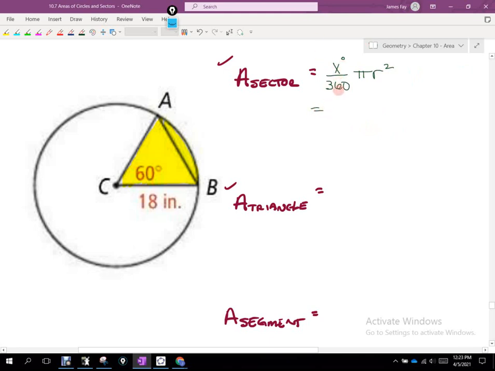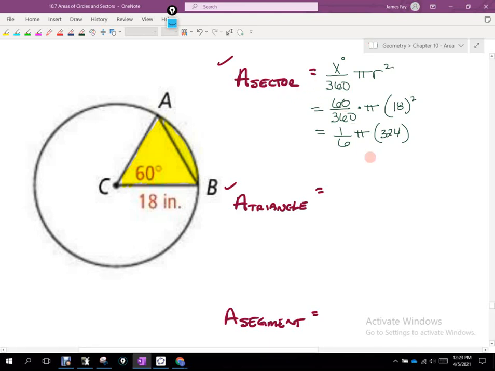Well, x divided by 360 would be 60 divided by 360 times pi times r squared. So we get 1/6 times pi. Anybody know what 18 squared is? Nope. 324.